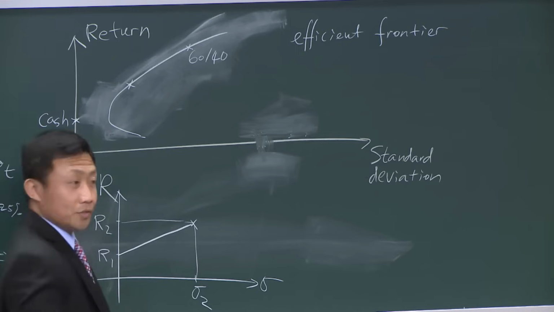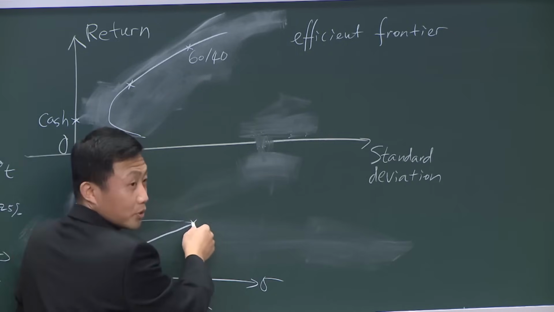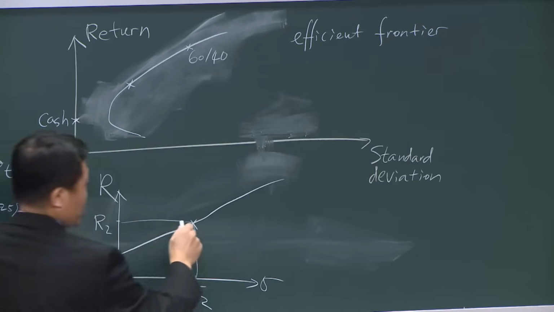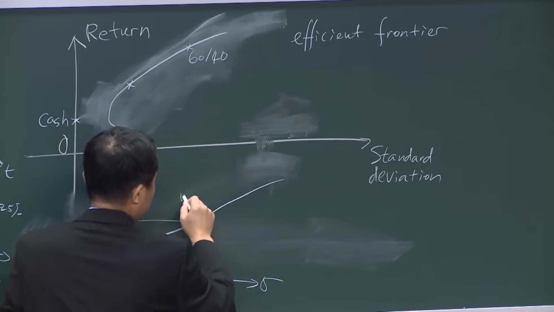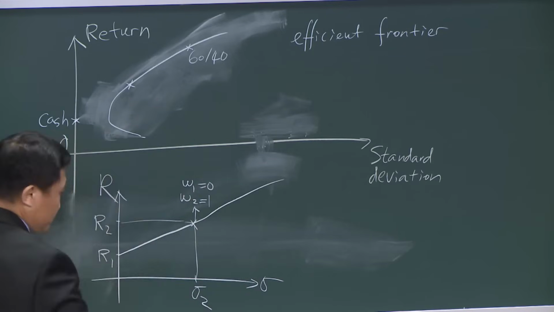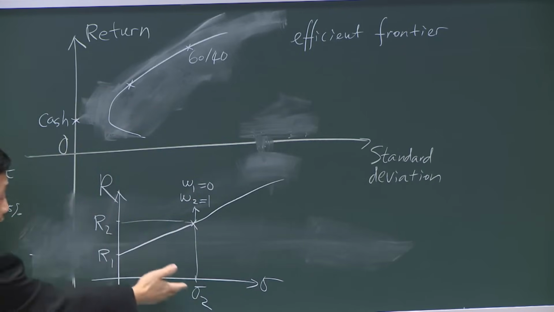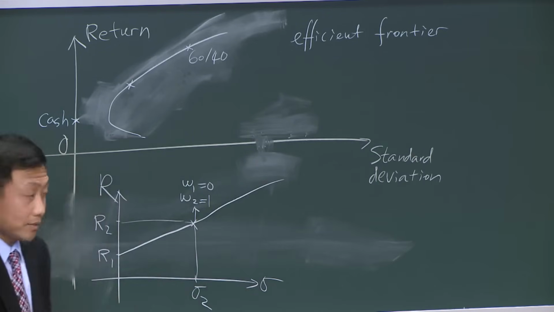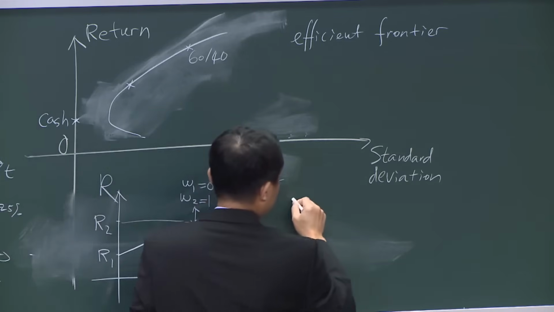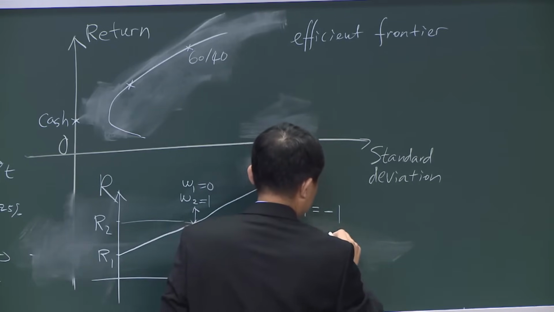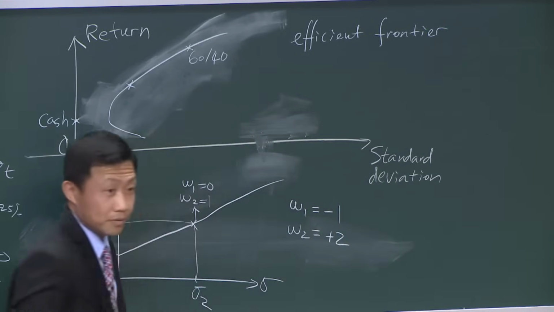Did it occur to you, why can't we go beyond this point? So this point is when we weight W2 equal to 1, W1 equal to 0. Right? That's when you weight everything into asset 2. But what if you go beyond that? What does that mean? So let's say, can we have W1 equal to -1, W2 equal to +2?